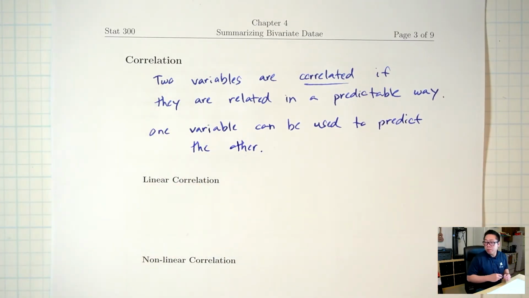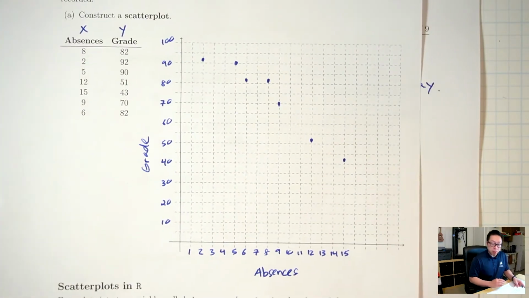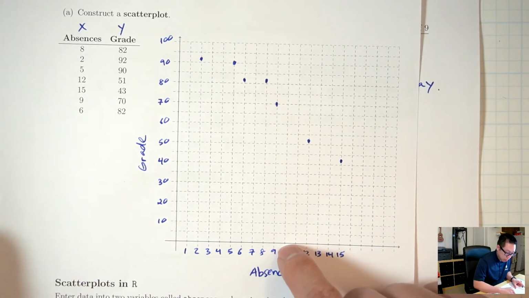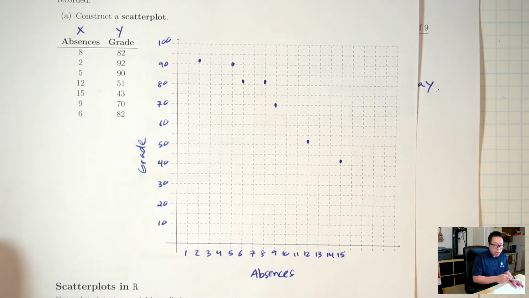And we saw this in the first example. In the first example, we saw that absences and grade were related in a way where we can predict that a student who had 10 absences would have a grade of about 65. So absences and grade are correlated.